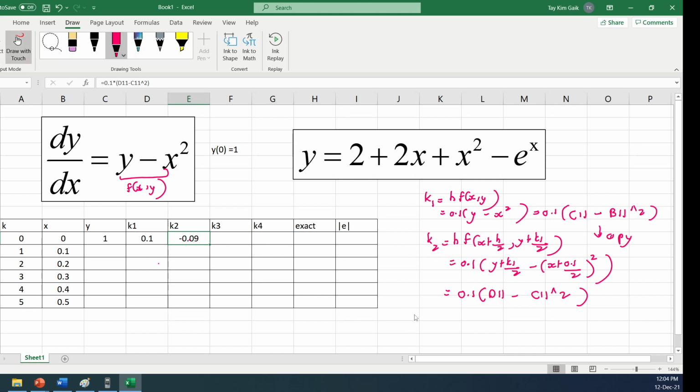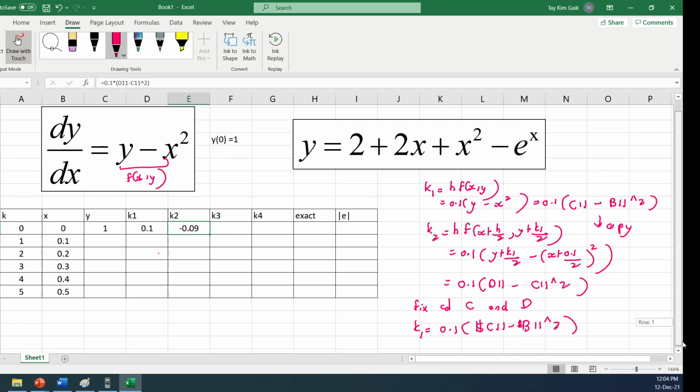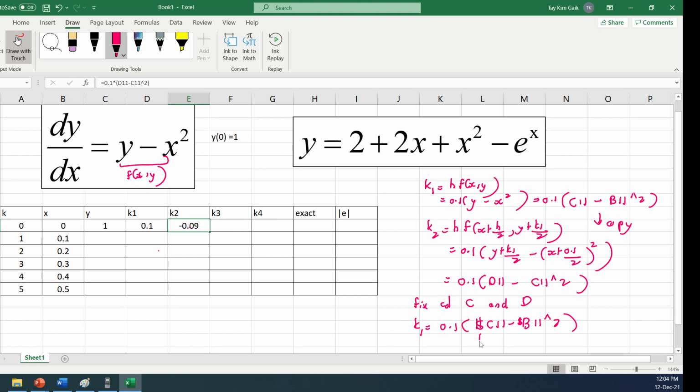If I want to fix the column, what I'm going to do is fix columns C and B. So in K1, for 0.1, I put a dollar sign only. So when I copy, the formula stays the same.